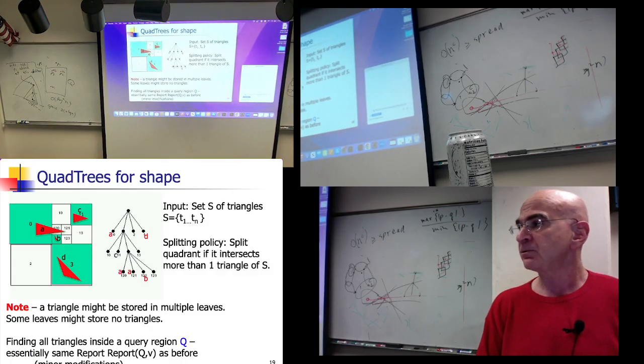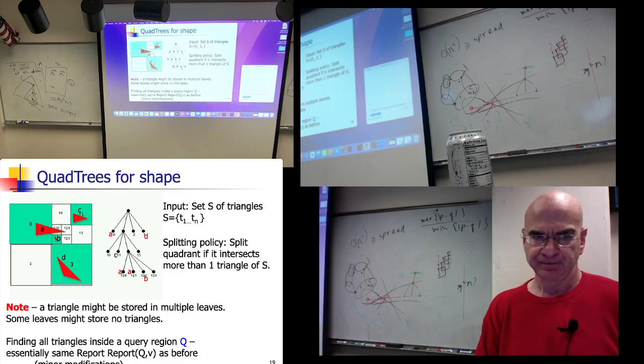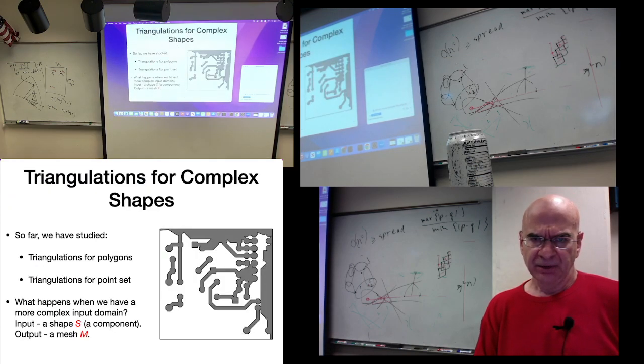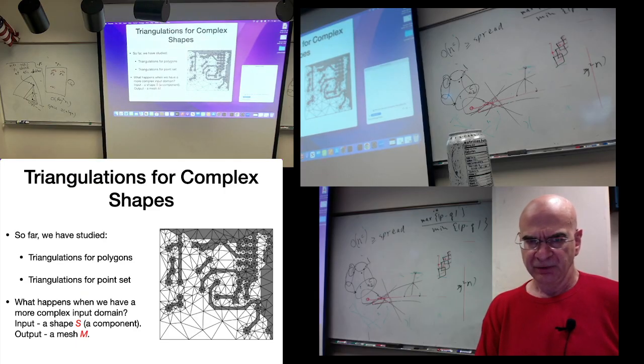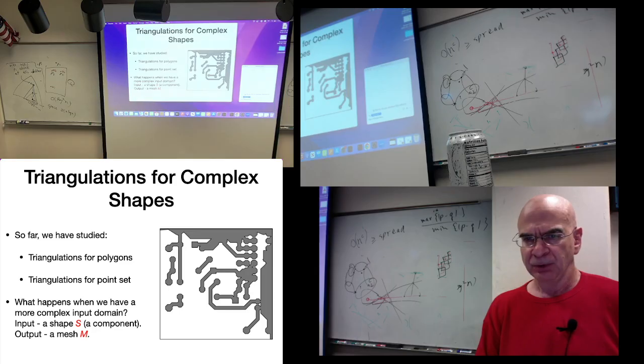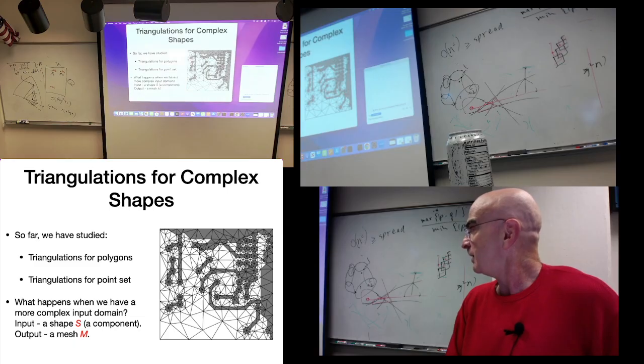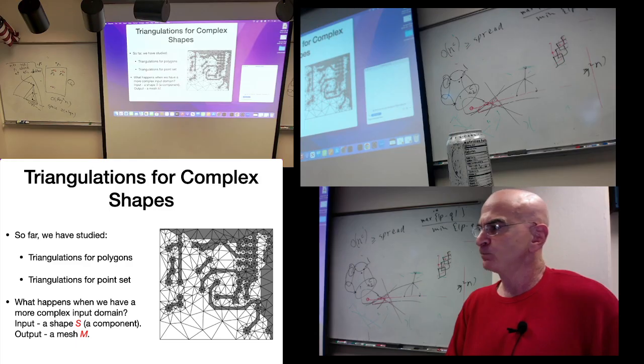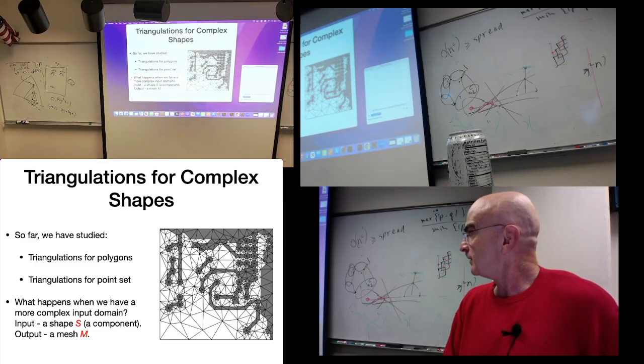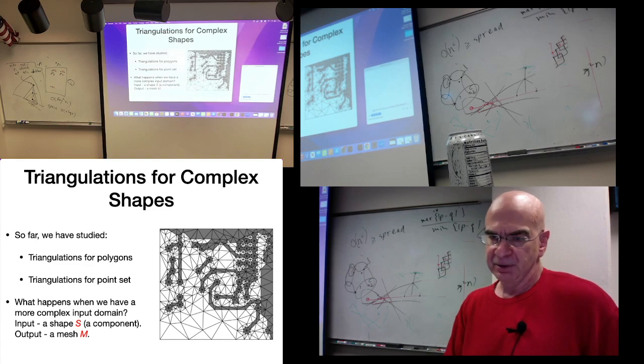But the only tree for which we actually had a bound on the running time was the KD tree. Okay, triangles. We mentioned that we want to use the quad tree also as a way to triangulate the whole shape, and a good triangulation, hopefully. Not necessarily small triangles, but each one should touch the boundary only at two or three vertices, and not contain a big chunk of the boundary.